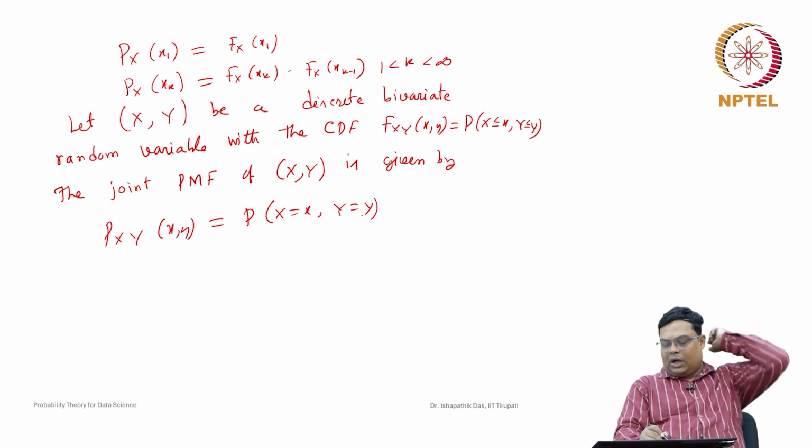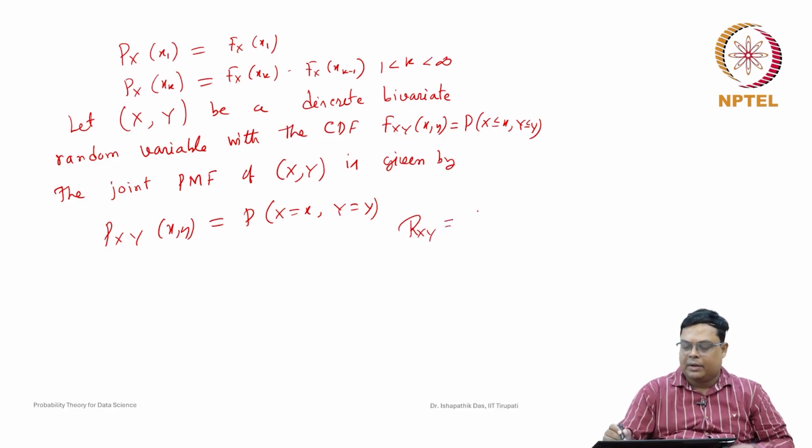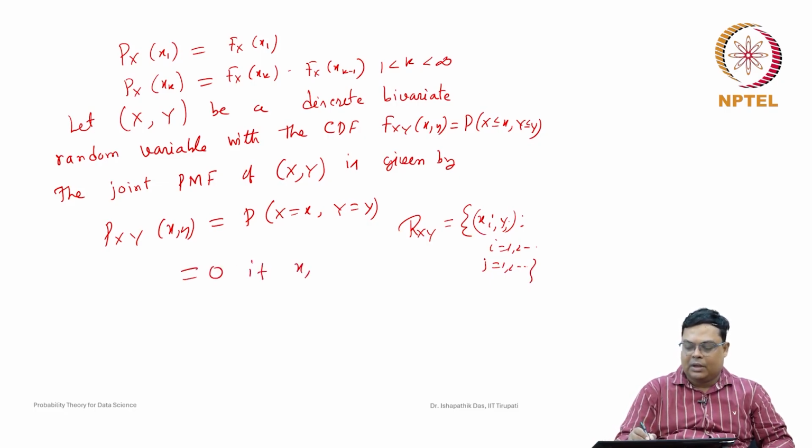Basically, suppose we consider R_XY as the range, which contains all the pairs (x_i, y_j), with i equal to 1, 2 and so on, and j equal to 1, 2. So, this is equal to 0 if (x, y) does not belong to R_XY, and it is actually non-zero otherwise.